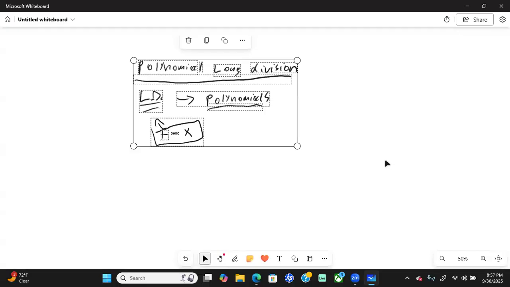So let's say I have x squared minus 3x minus 40 divided by x minus 5. And I'm using these numbers specifically for a reason, which you'll see.